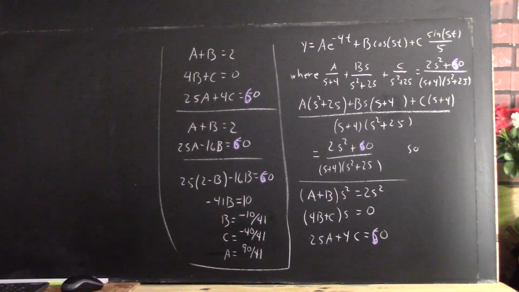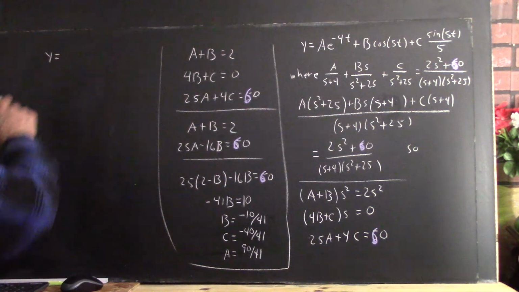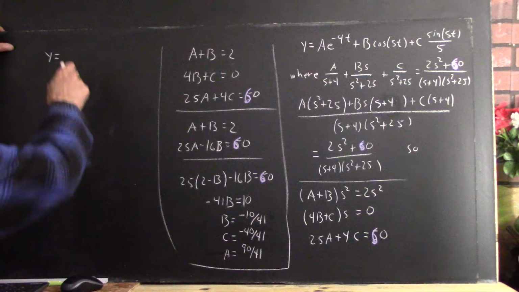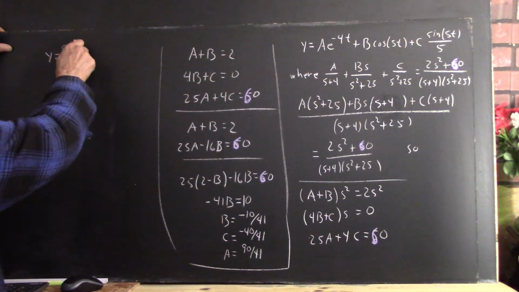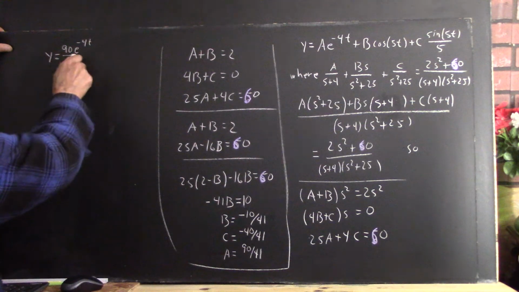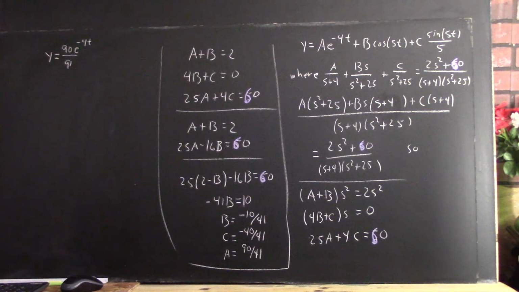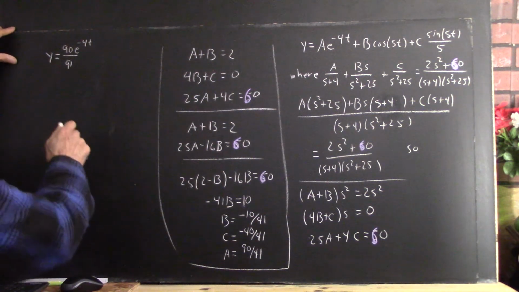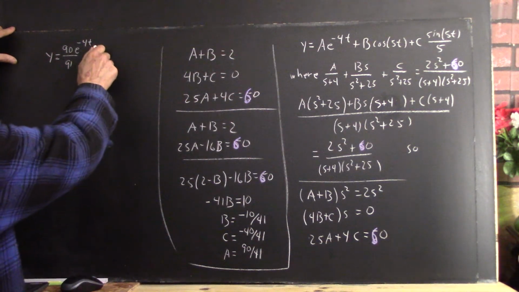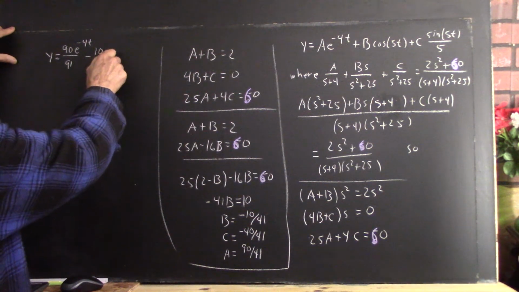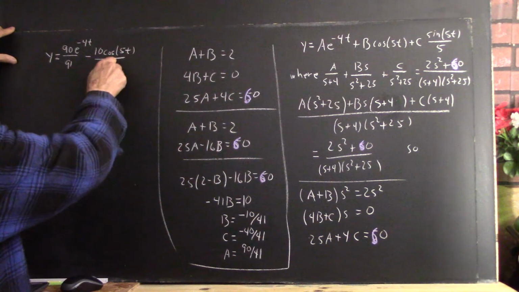And so now we can say that y equals 90e to the negative 4t over 41, and b cosine of 5t would be minus 10 cosine of 5t over 41.